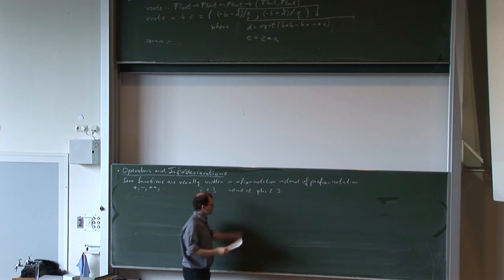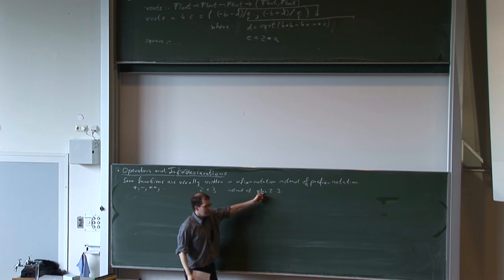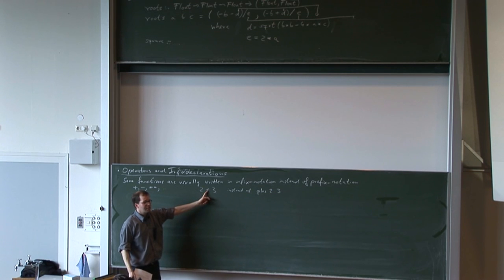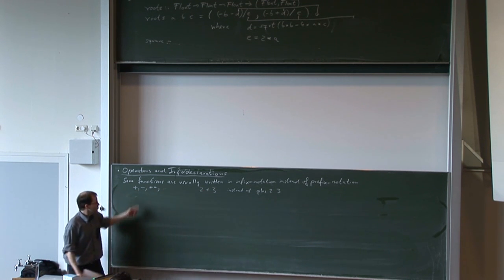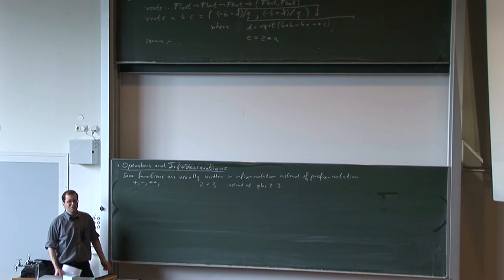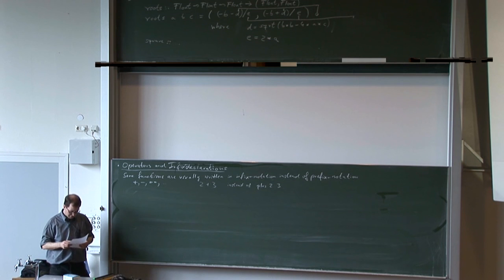So this would be prefix notation. First the function, then the arguments. This is infix notation. The function stands in between the arguments. And from everyday life, you are very used to doing this. You typically write 2 plus 3, 2 minus 3, 2 equals 3, 2 greater 3, or smaller 3. I mean, this you just like to write in everyday life.